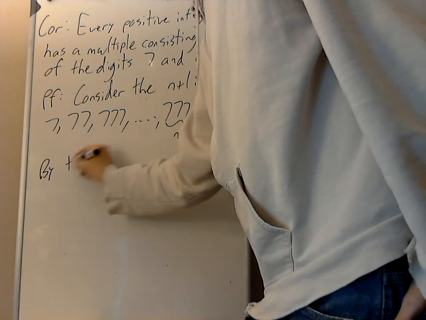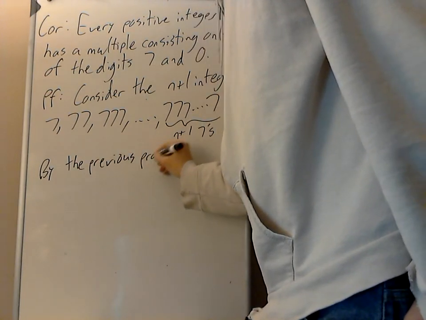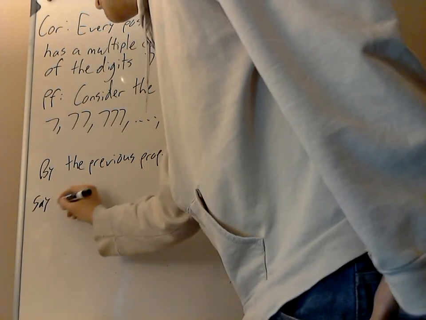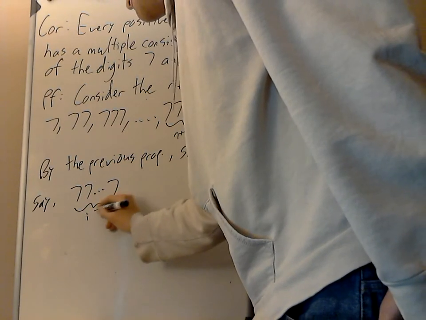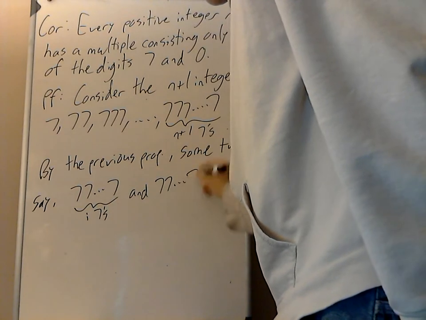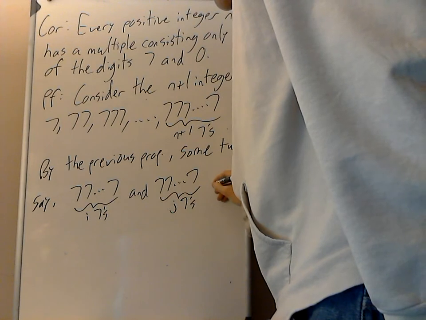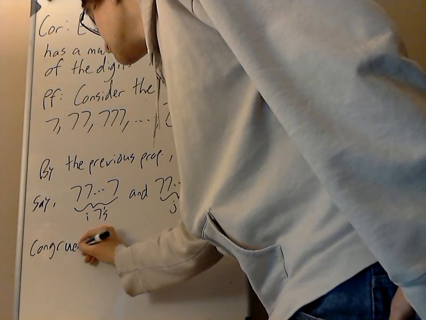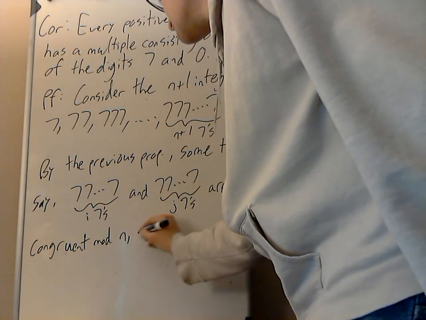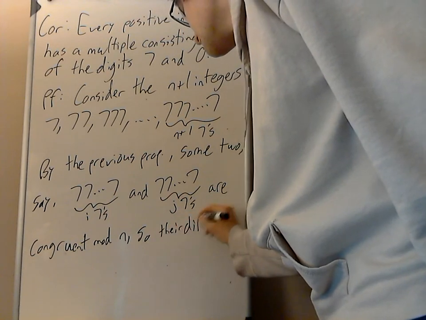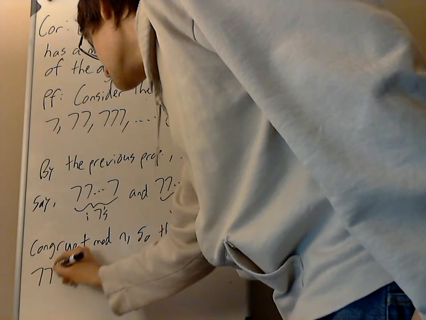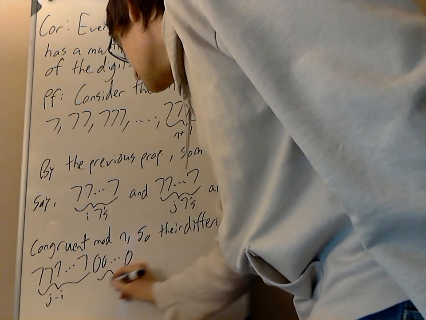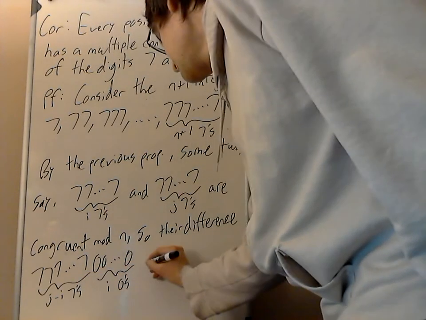Then, by the previous proposition, some two of these integers, say the one with i sevens and the one with j sevens, are congruent mod n, so their difference, which is 777...7 (j minus i sevens) followed by i zeros, is a multiple of n.